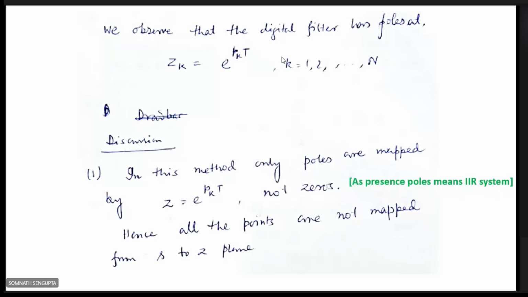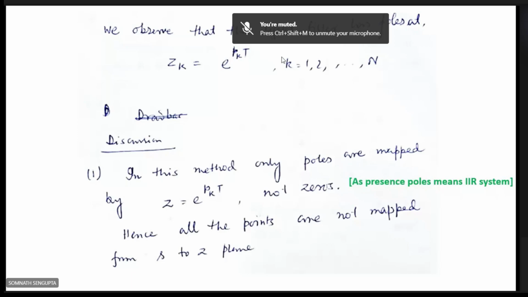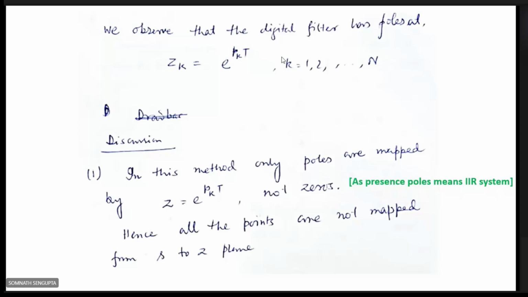If there were only zeros in the system function, it would be an FIR filter, but we are discussing IIR filters: designing an IIR filter and converting the IIR analog filter to an IIR digital filter.